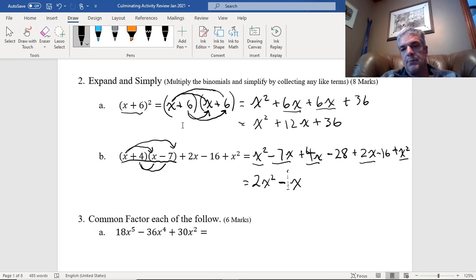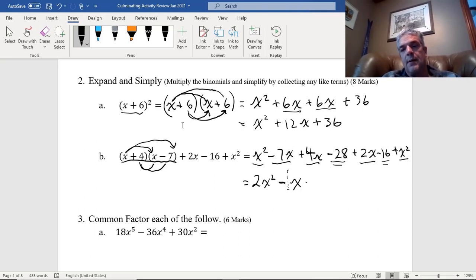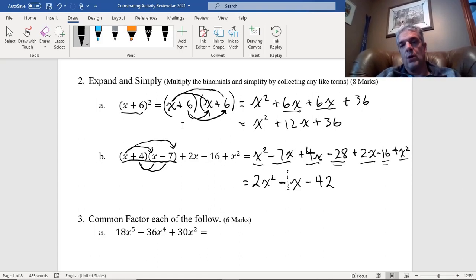And then last but not least are just any terms that are numbers alone. And I do have 2 numbers alone. I have minus 28, minus 16. And this is always tricky for students. They always get caught up here. But if I'm subtracting, starting at minus 28, and I'm going backwards another 16, I'm actually going to be minus 42, I believe, is what that works out to.